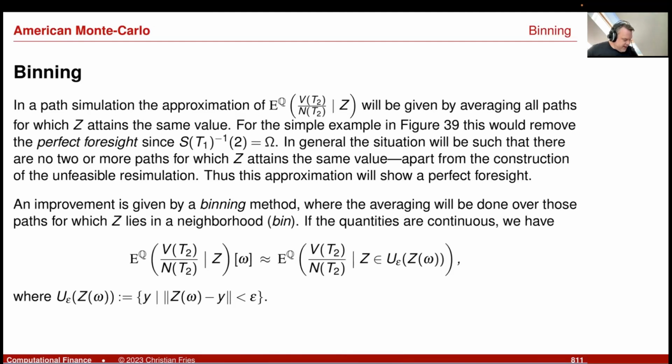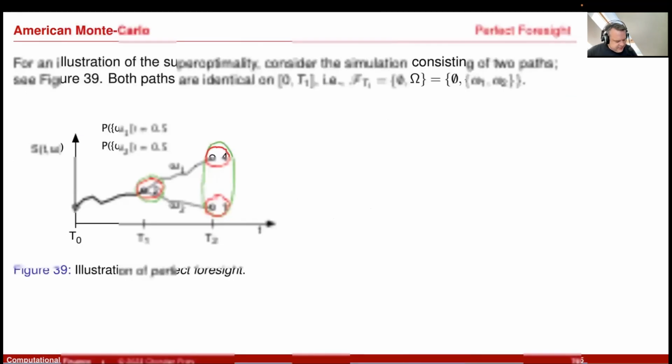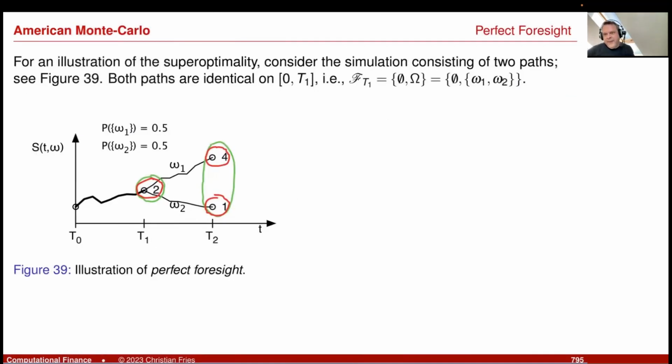So in our Monte Carlo simulation, this conditional expectation is given by averaging over all sample paths for which capital Z attains the same value, equal to this little z. And if you go back to our example with the perfect foresight, so this was figure 39, this would already fix the foresight in this example.